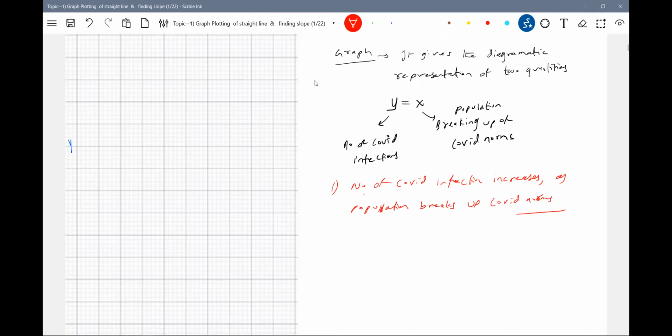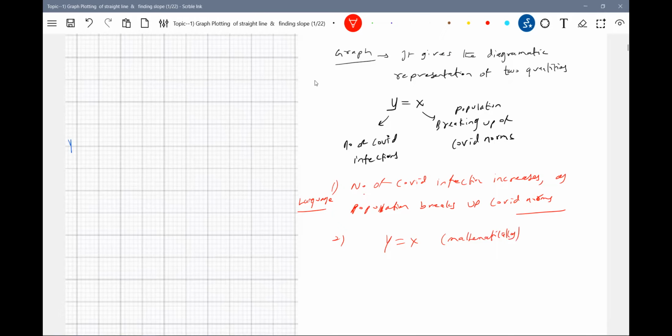This is the language; the first one is literally expressing using words. The second one is mathematical: y equal to x.